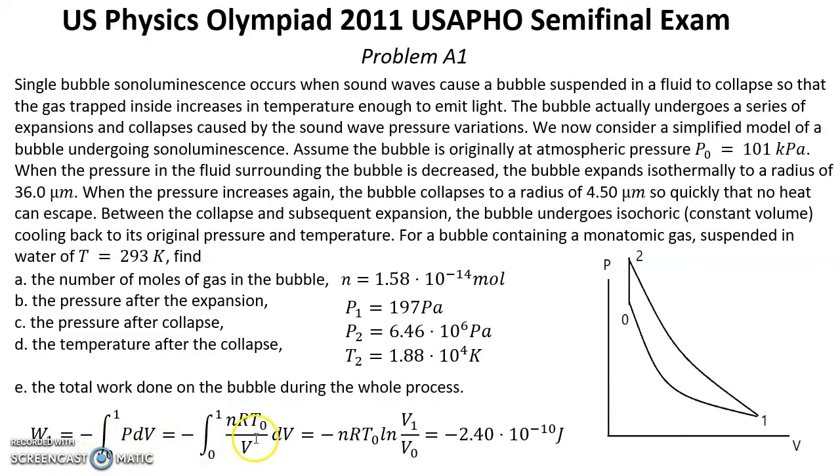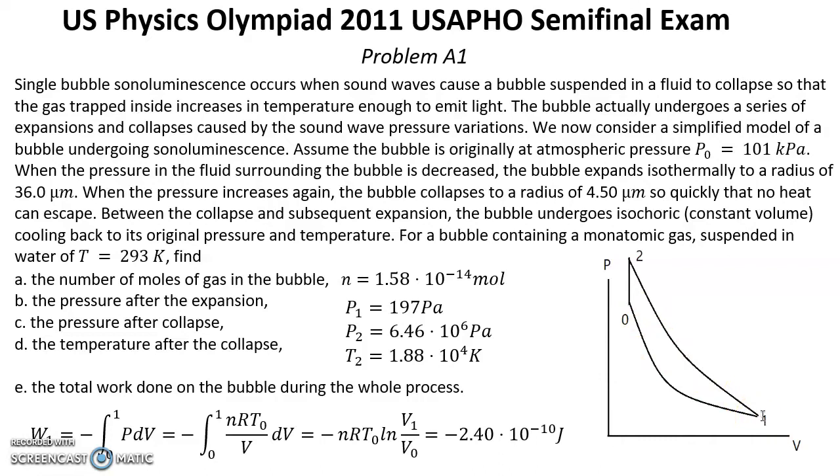And this is the expression for an isothermal process. So that will be just a logarithm of this ratio between V1 and V0, and finally we can put numbers and get this result for work done on the gas in the process from 0 to 1.